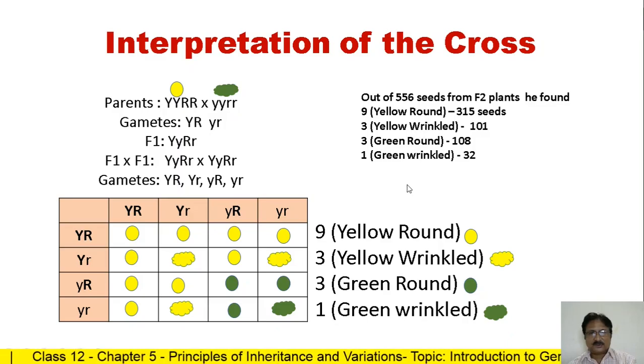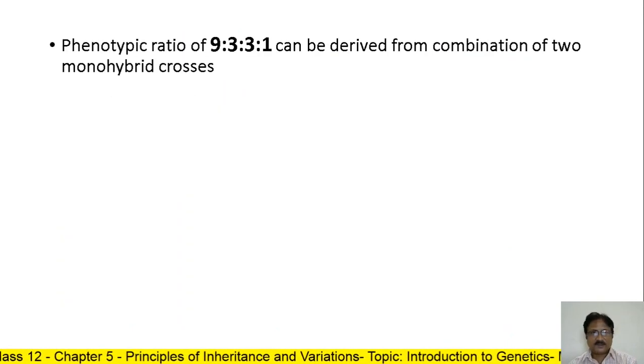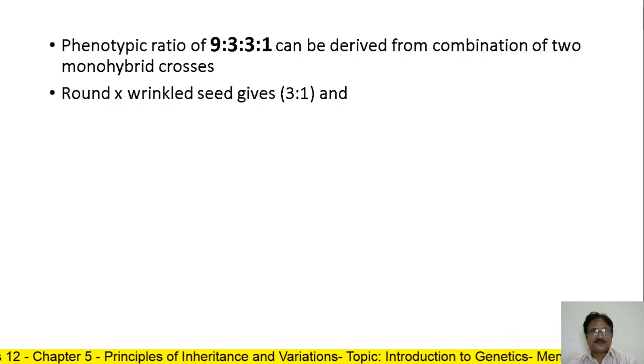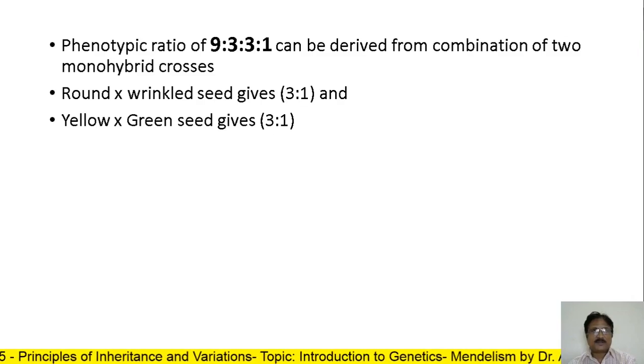Now, how does this ratio actually develop? The 9:3:3:1 ratio is actually a combination of two monohybrid crosses. As I have told you, a dihybrid cross is a cross where two characters and their inheritance are considered simultaneously. Two characters means there can be two monohybrid crosses.